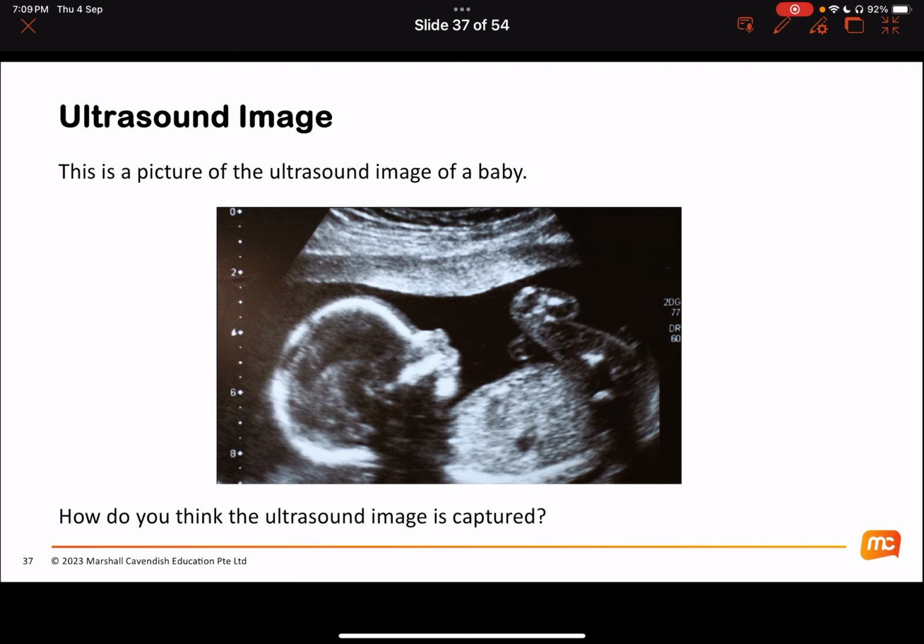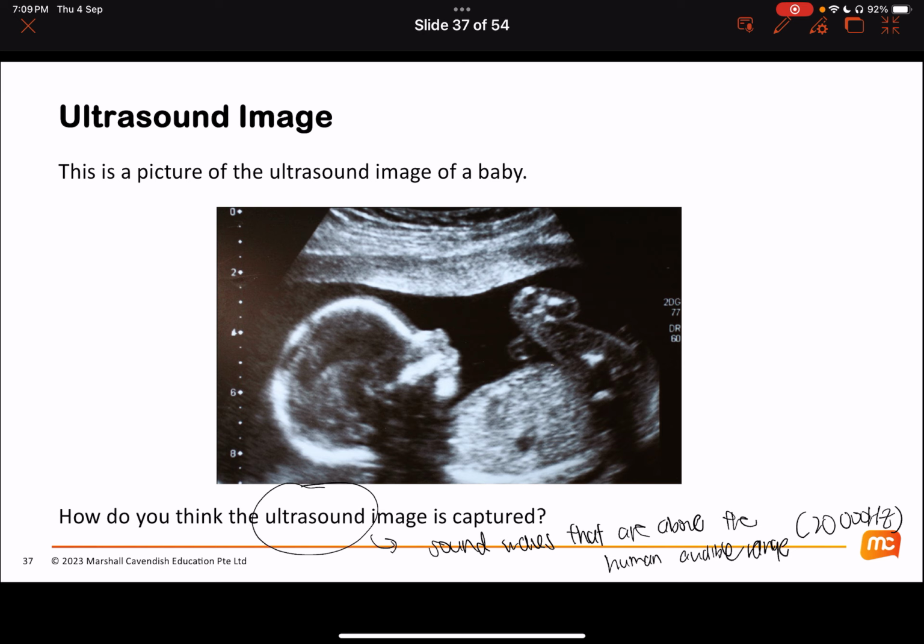So now this is a picture of an ultrasound image. Have you thought about how ultrasound, which is basically just sound waves that are above the human audible range, or 20,000 hertz, right?